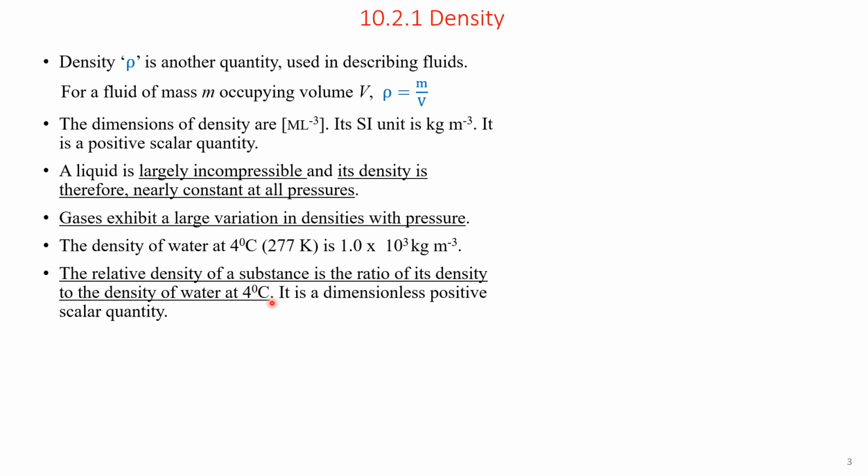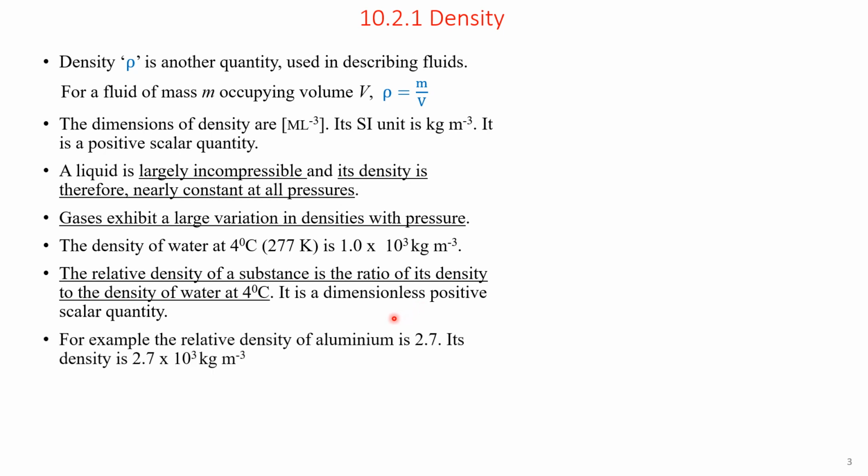On many occasions, we compare the density of a substance with respect to the density of water at 4 degrees centigrade. Hence, the relative density is a dimensionless positive scalar quantity. For example, the relative density of aluminium is 2.7. Its density is 2.7 into 10 to the power of 3 kg per meter cube.